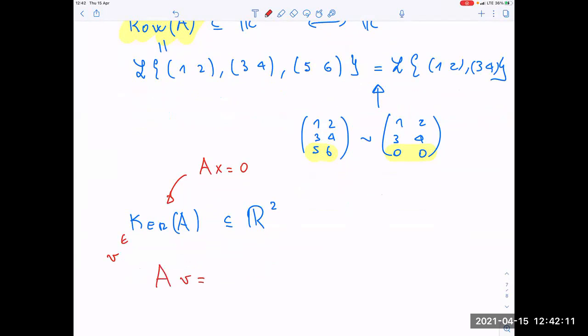And what should you get if V is an element of the kernel? What do you say? You should get 0. Exactly. And you know that if you take 0, 1, or 1, 0, you don't get 0, right? So the kernel is not that one, right? So what is the kernel? Can you compute it for me?